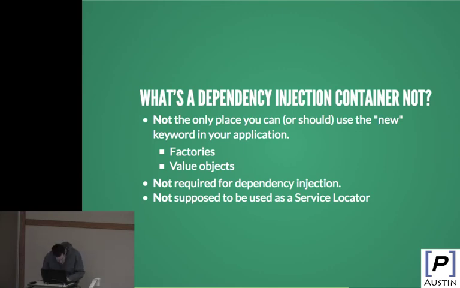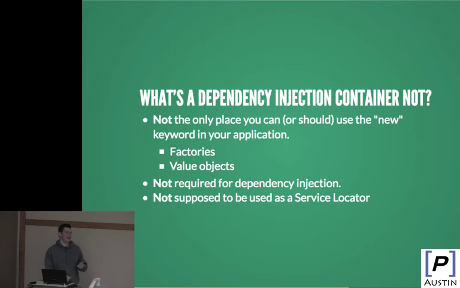There are a few other places where the new keyword for instantiating objects may be used. If you're having factory classes or value objects, say a money object of $100 US, then you already have the information that you need to construct the object.